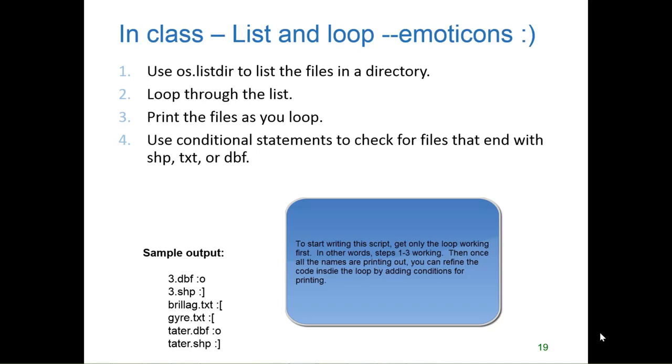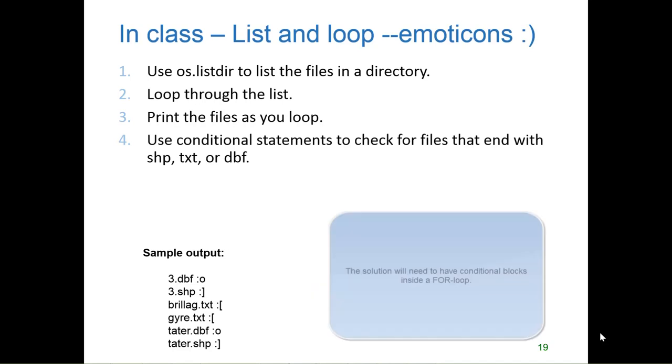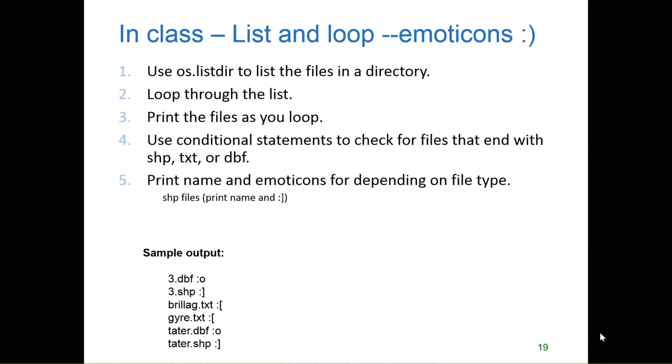use conditional statements because you're going to make a decision inside of the loop as to whether or not you should print the name out and what kind of emoticon to print with it. Print the emoticons as specified here. You can use the chapter 10 sample data to test this script.